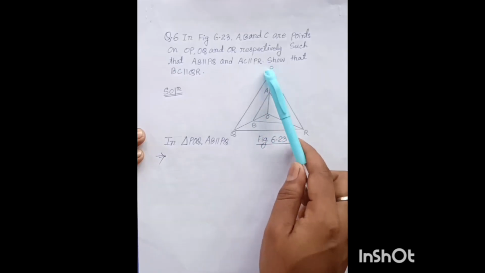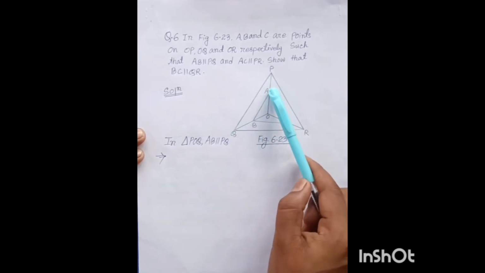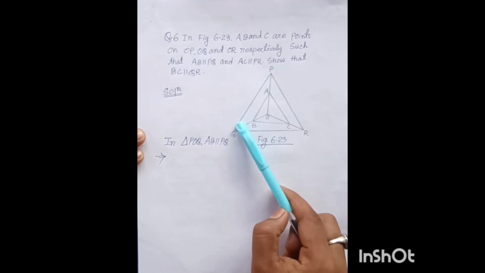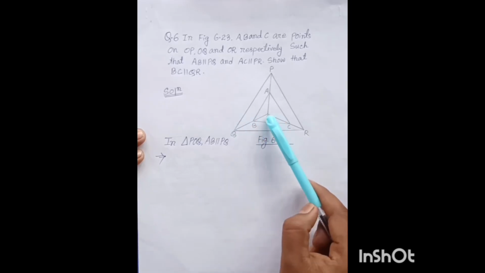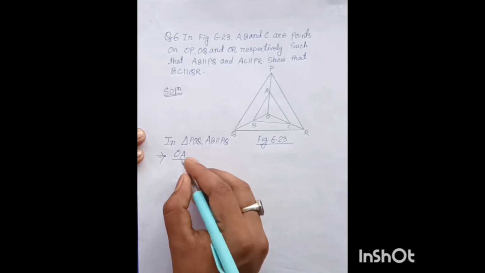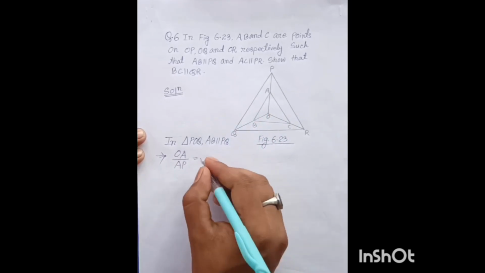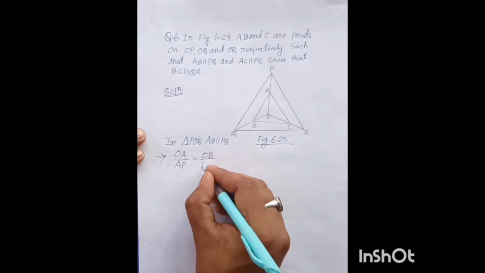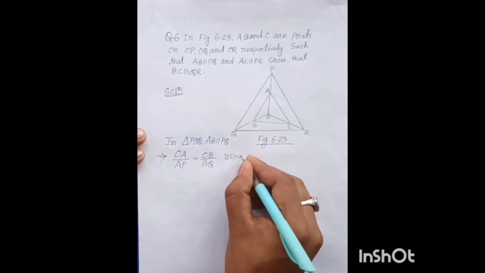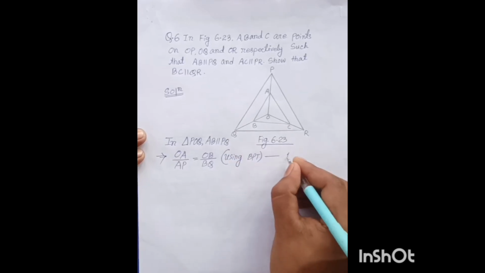This line is parallel with the third side of this triangle, so I can compare the side ratios using Thales theorem: OA by AP equals OB by BQ, using Thales theorem or BPT theorem. This is equation number 1.